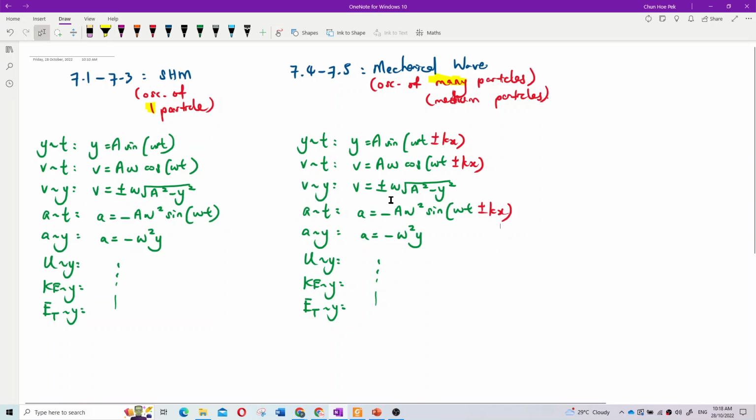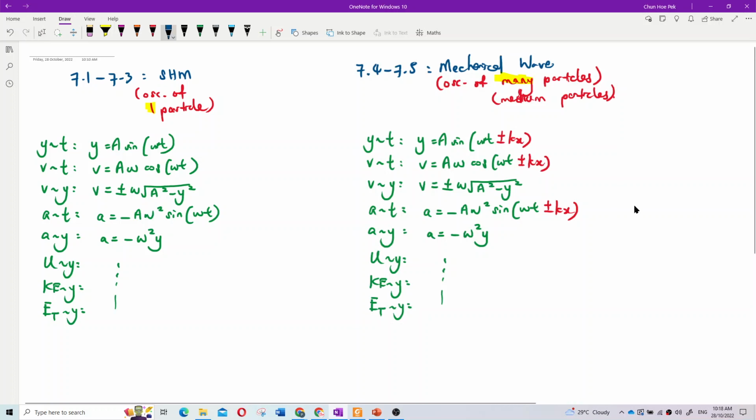And then this v versus y equation, positive or negative omega square root of a square minus y square, is still the same.